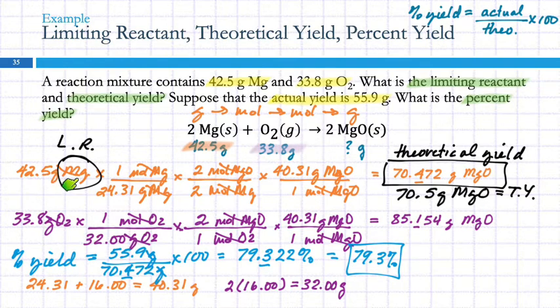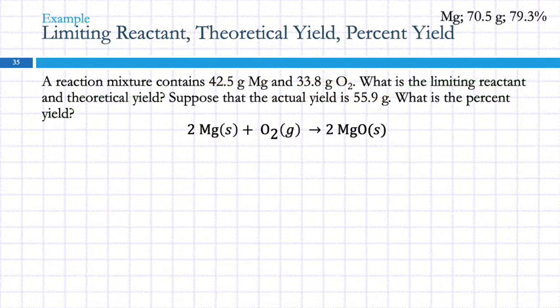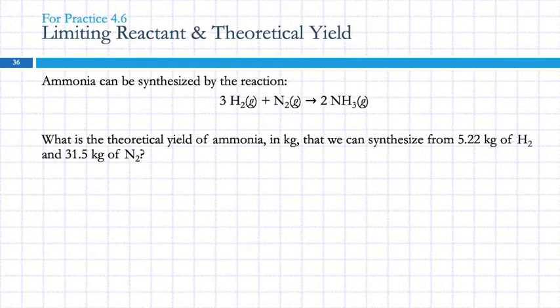If you don't identify which is the limiting reactant, then it's not correct because you haven't actually chosen anything, right? So you need to choose it. And I don't require a complete sentence or anything, just LR and point to this one, that's good enough. So magnesium's limiting reactant, 70.5 is the theoretical yield, 79.3% actual percent yield.